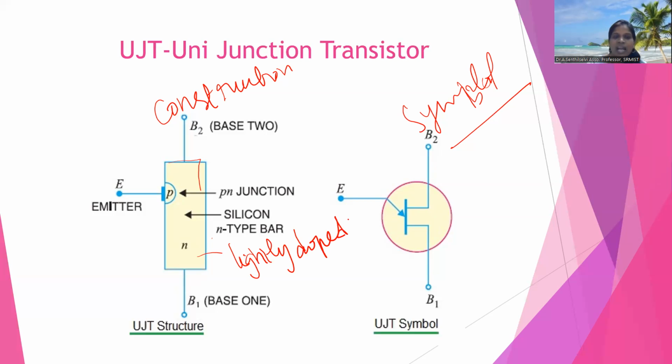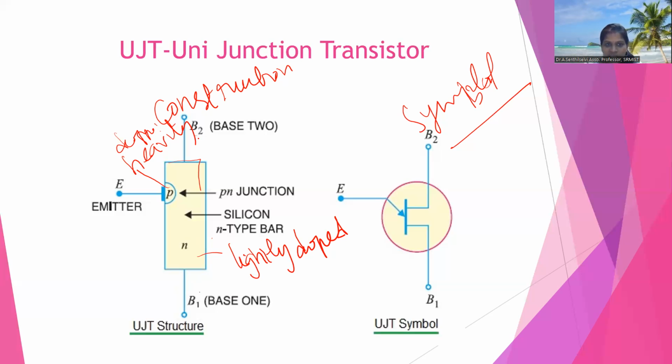Then a P-type material is diffused near base 2. This P-type region is heavily doped. Because the bar is lightly doped, there is a high resistance between terminals B1 and B2.